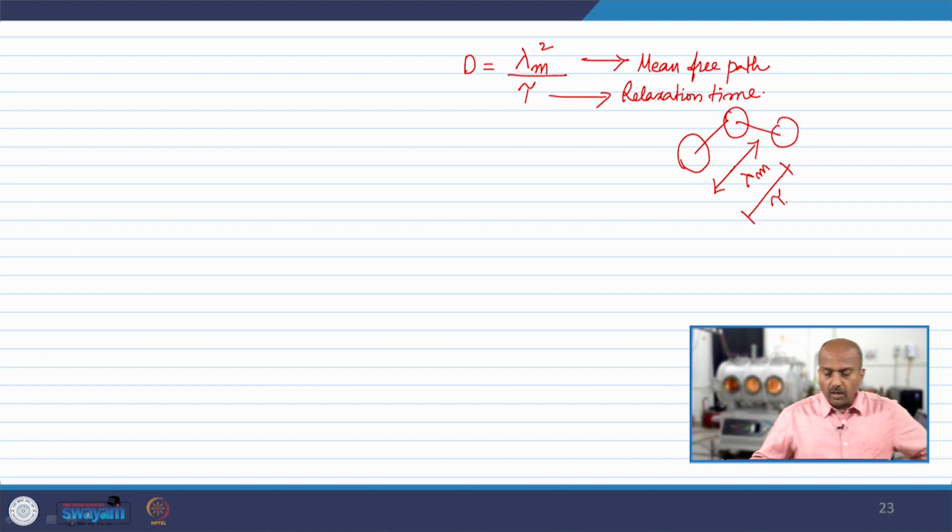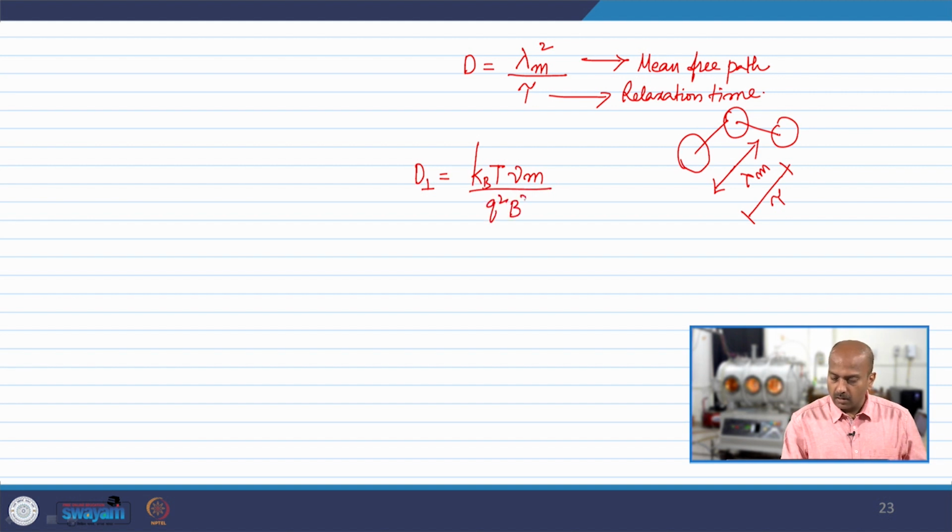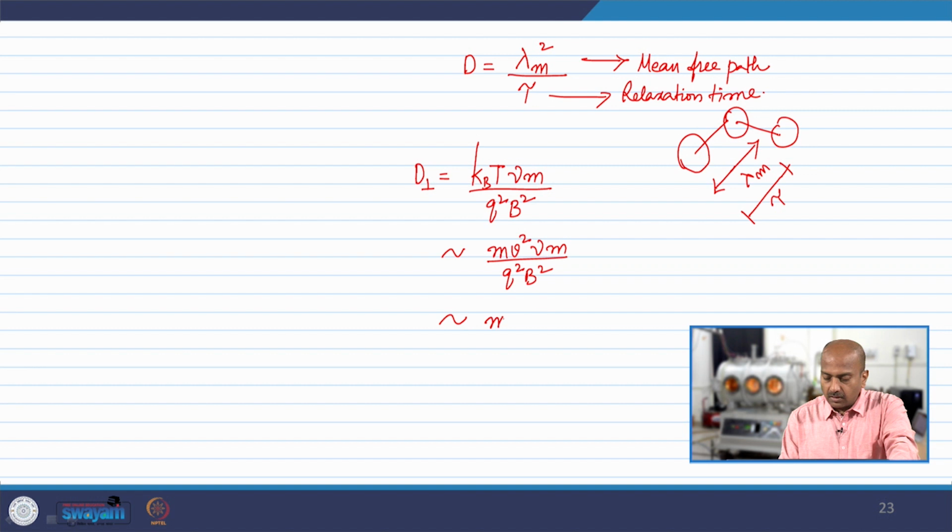Now, if you convert the D perpendicular also to look something similar to this, D perpendicular is kB T nu m divided by q square B square, which can approximately be written as m v square. So, kBT, the thermal energy, is equated to the kinetic energy, that is why you got m v square nu m divided by q square B square, or we can write it as m square v square nu by q square B square.